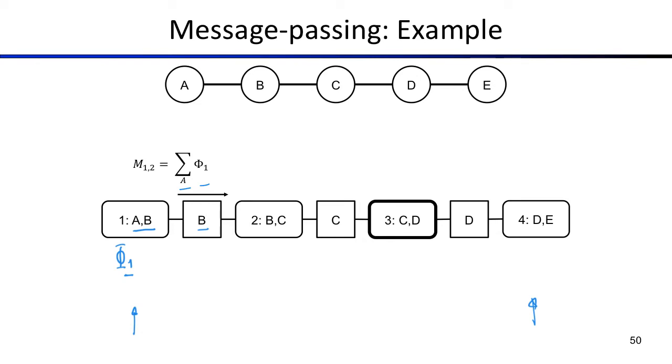When cluster 2 gets its message from cluster 1, it can send a message to cluster 3. What's going to be this message? It's going to be the message from 2 to 3, so we're going to use this notation. Remember that cluster 2 is defined over variables b and c, but the separator is just c. So we can eliminate the variable b.